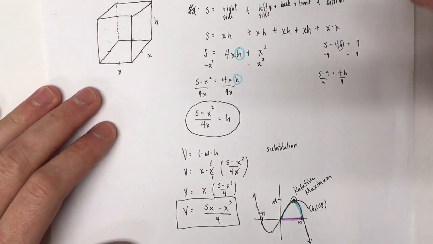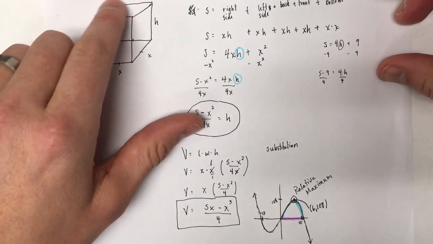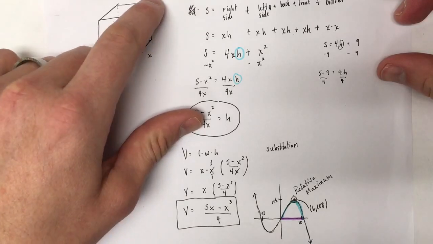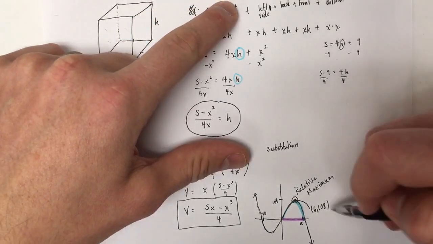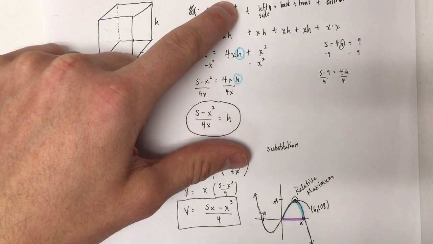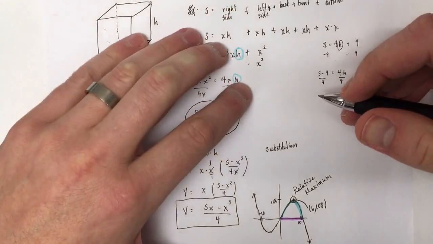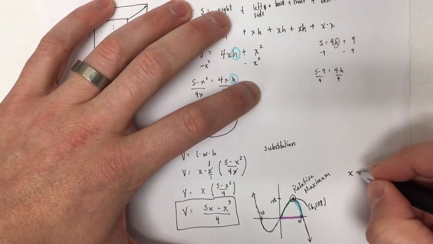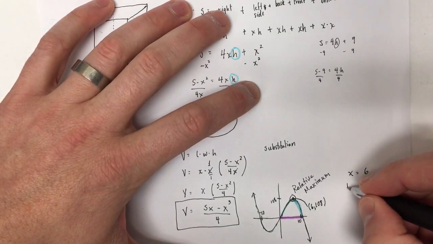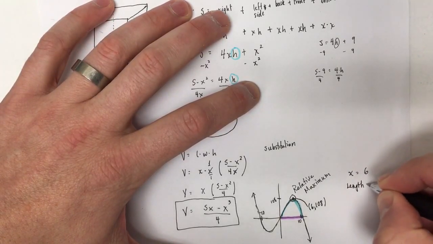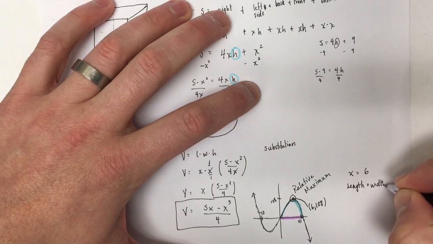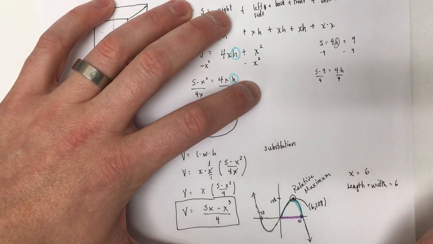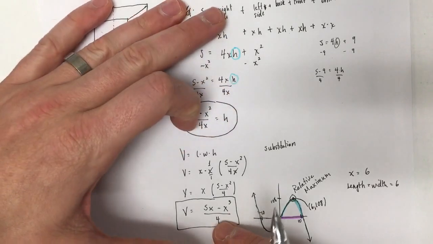Okay, and so what dimension should the box be in order to maximize its volume? Well, you have the x value right here. It's 6. And so you have to do a little bit of substitution, but x is equal to 6, so my length equals my width equals 6. The other value you need is the height.